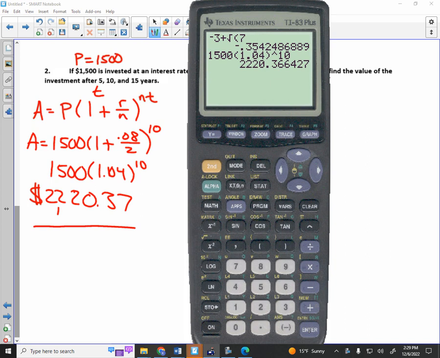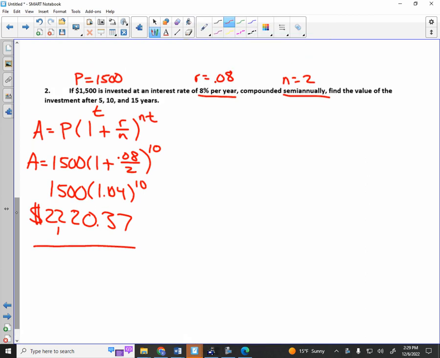Would you like a shortcut for this problem? Okay, so if I want to change it to 10 or 15, all I'm changing is the T value, right? So therefore I have this formula. The amount is equal to the principal, which is 1500, times 1.04 raised to the 2t power.